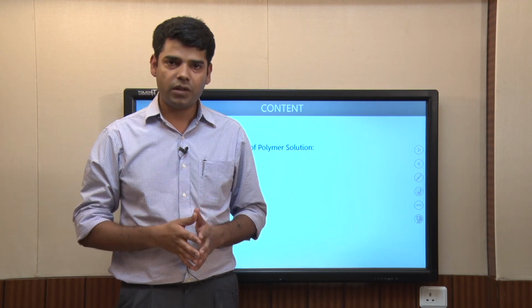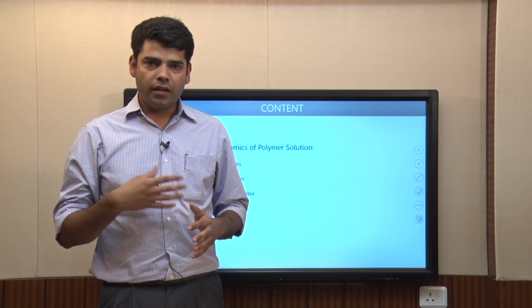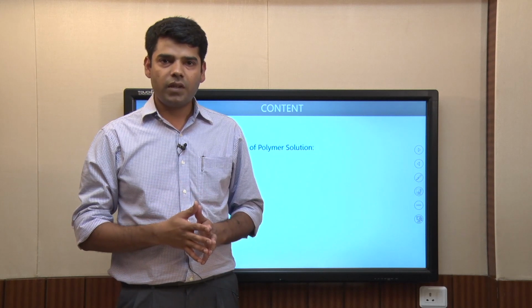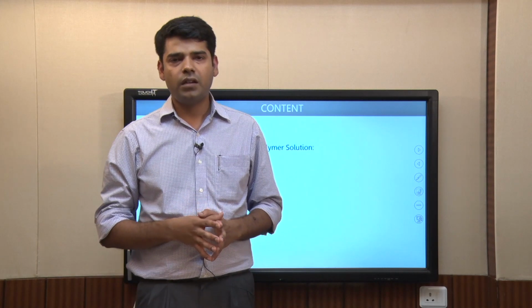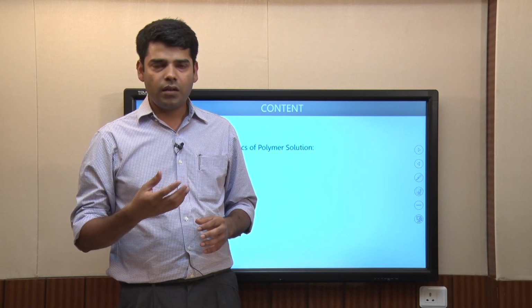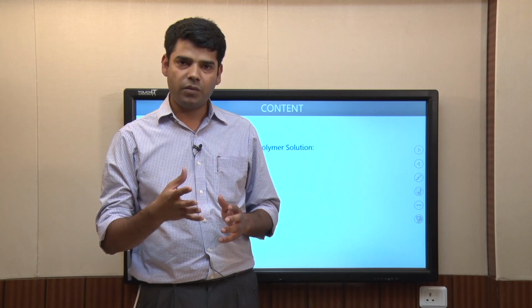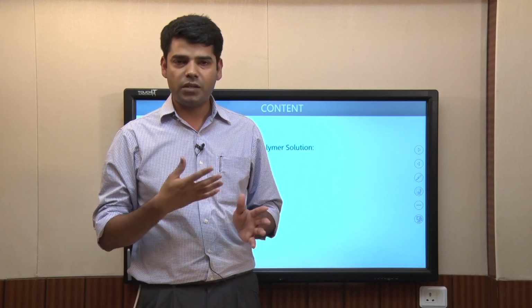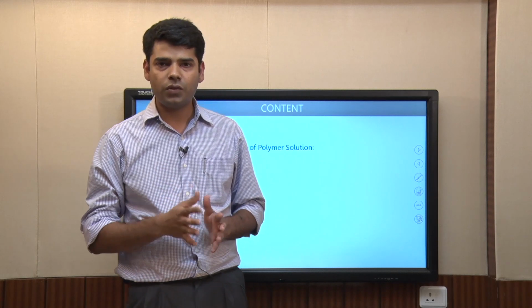We will briefly talk about the concept of theta conditions, and towards the end of this lecture we will introduce and briefly discuss the concept of solubility parameter, which is useful while trying to get a measure of how soluble a given polymer is in a solvent. Despite its limitations, the solubility parameter approach is actually a useful one.